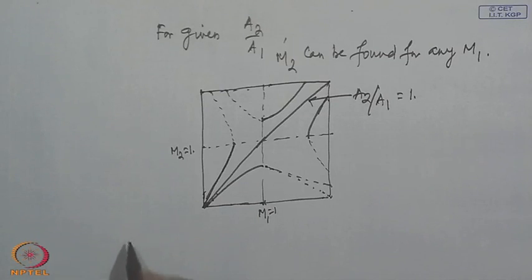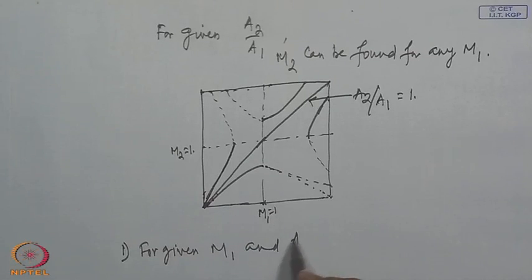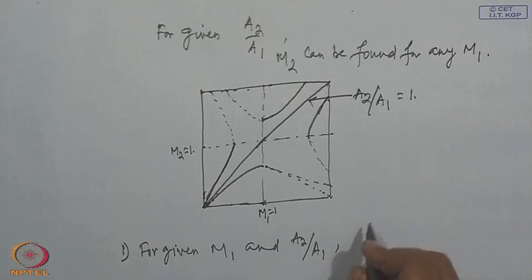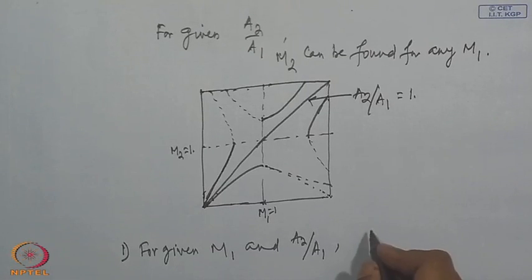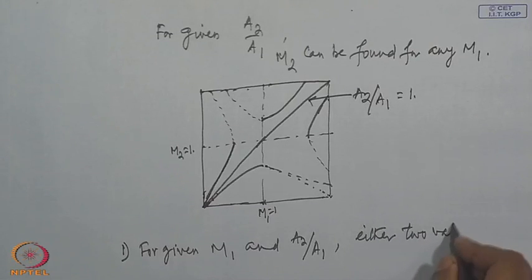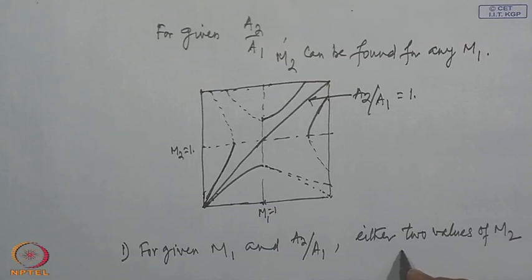That is, for given M 1 and A 2 by A 1, either two values of M 2 or none.